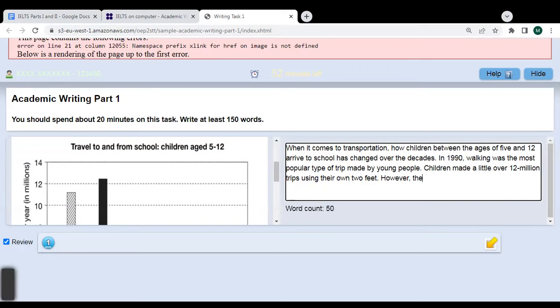However, obviously, children really don't drive in that age range.